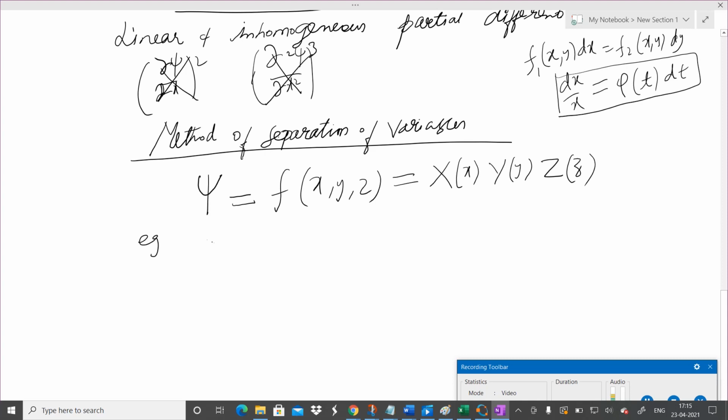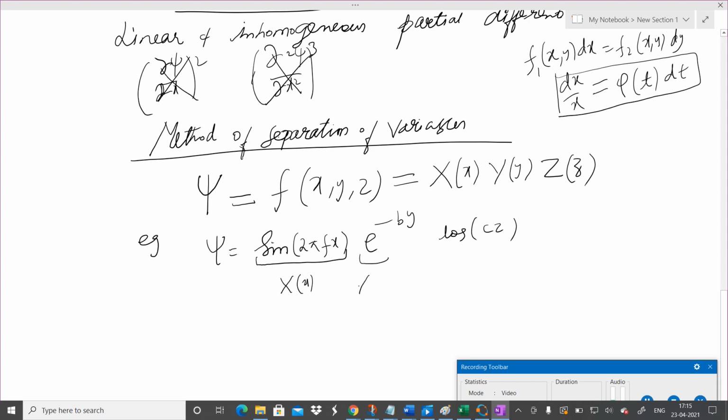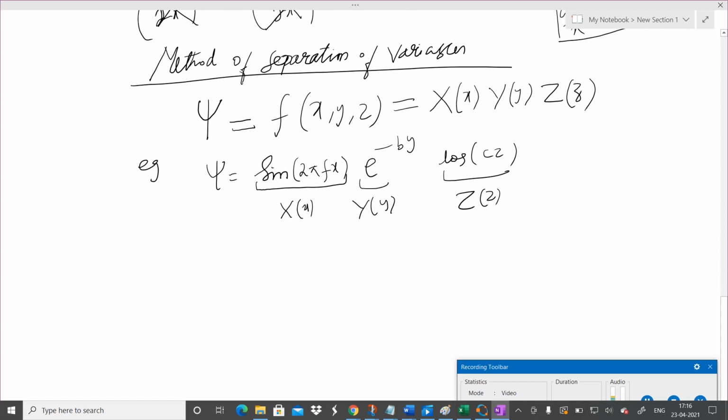Suppose psi is equal to sine of 2 pi fx, e to the power minus some by log of cz. We can represent this as X of x, this only a function of x, this only a function of y, this only a function of z. So this is one way of representing psi.